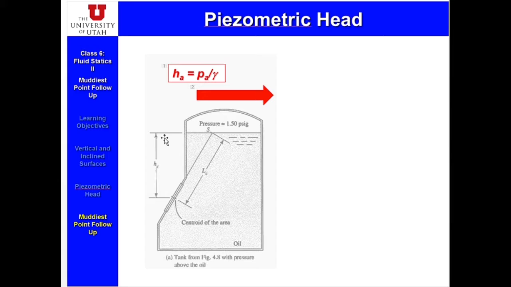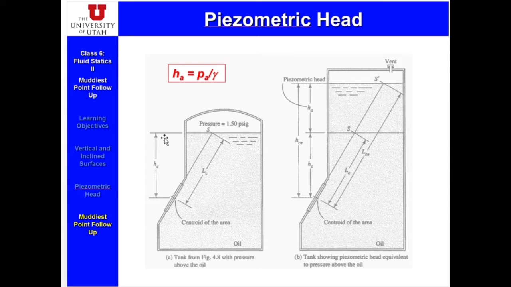If we look at this schematic, here we have the representation of that artificial H sub A put on the same tank. So all of this up here, this top piece from this line above, is pretend, it's imaginary. That's the piezometric head that's added due to the pressure within the system.